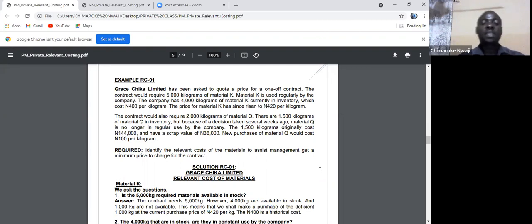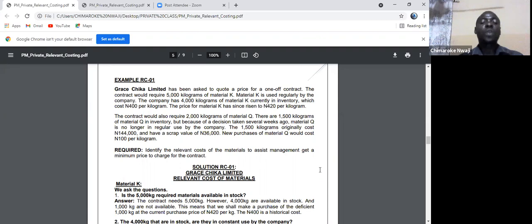The company has 4,000 kilograms of material K currently in inventory, which costs 400 naira per kilogram. The price for material K has since risen to 420 per kilogram.